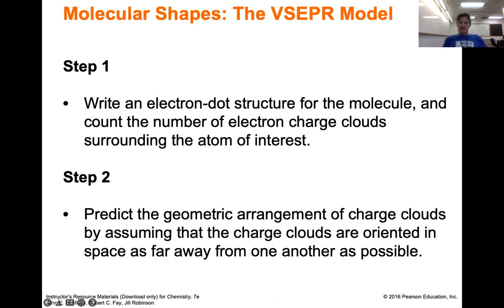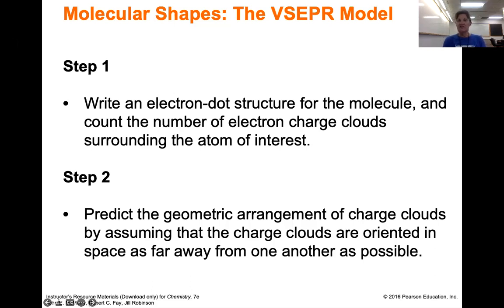To start out, if you want to understand the shape, you first just draw an electron dot structure for the molecule, and you count the number of electron charge clouds surrounding the atom of interest. You predict the geometric arrangement of charge clouds by assuming that the charge clouds are oriented in space as far away from one another as possible.